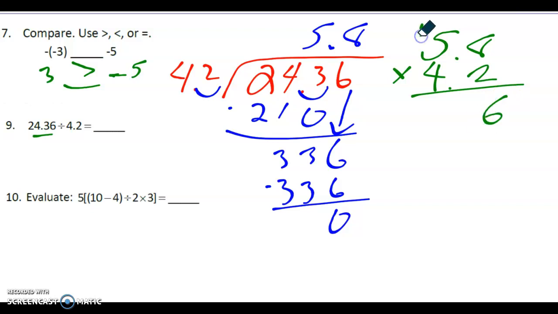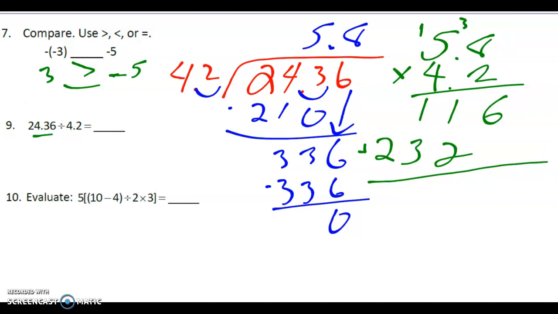Carry the 1. 2 times 5 is 10, plus 1 is 11. 4 times 8 is 32. That's 2. Carry the 3. 4 times 5 is 20. Plus 3 is 23. And when I add these, that's a plus sign, I get 6, 3, 4, 2.